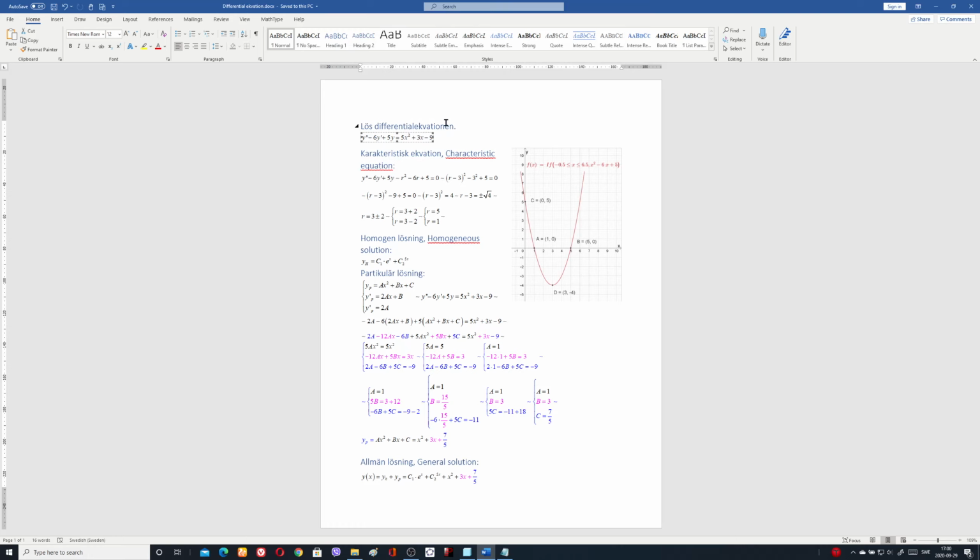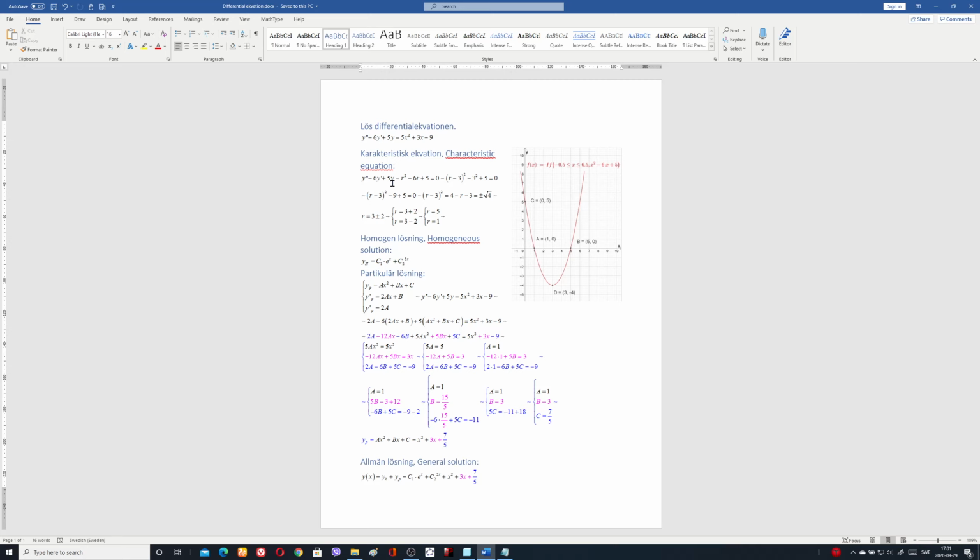Here is the löst differentiala equationen in Swedish, but in English we say that calculate this differential equation. Okay, when we have this one here, so we take a first characteristic equation, or in Swedish, karaktäristisk ekvation, and we take this equation.